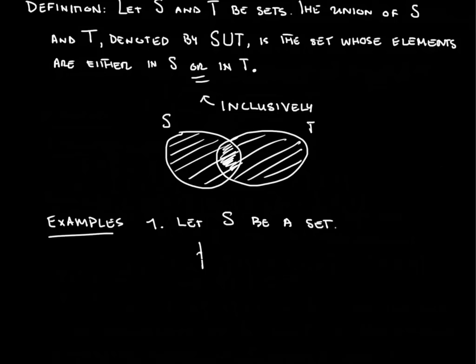Now, if I take the union of S with the empty set, I'm going to obtain the set S. Okay, so you take all of the elements of the empty set, which is no elements at all, and you take all of the elements of S, well, what you obtain are the elements of S. The same thing if you take the union of S with S, you obtain S.